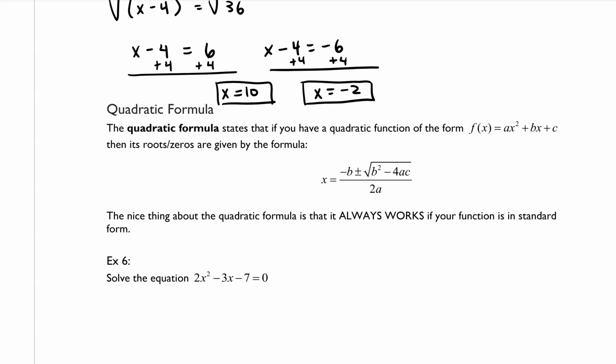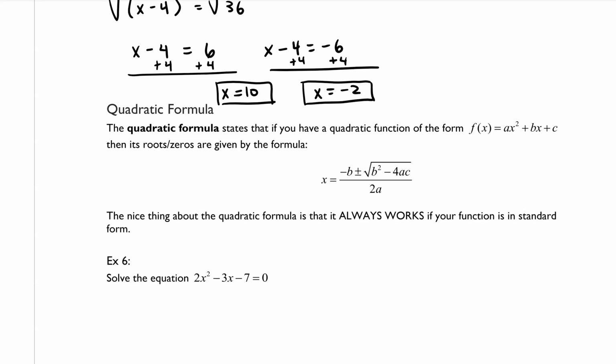Now, the nice thing about the quadratic formula is that it always works. Factoring does not always work because sometimes the roots or the zeros or the solutions of the equation can get kind of messy or ugly, but the quadratic formula always works if there are solutions that exist.